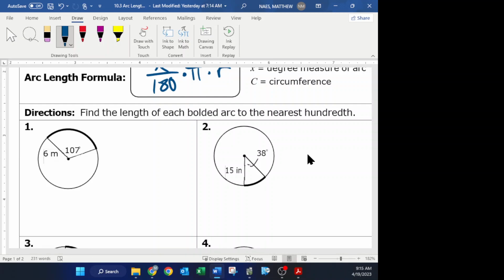All right, so for number 1, using that formula, we're given that x is that central angle, so x is 107. So again, x is 107. The radius is 6. So plugging everything in, we get 107 over 180 times pi times 6. All right.